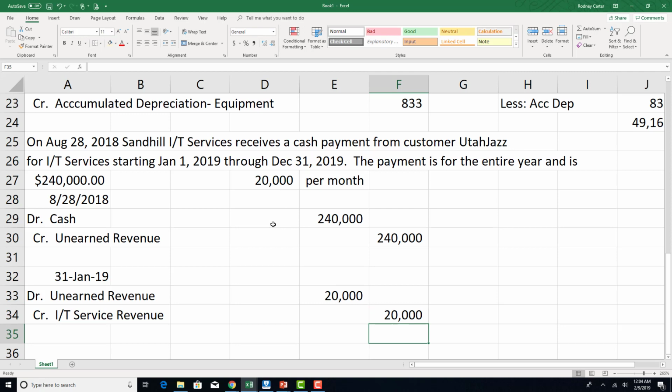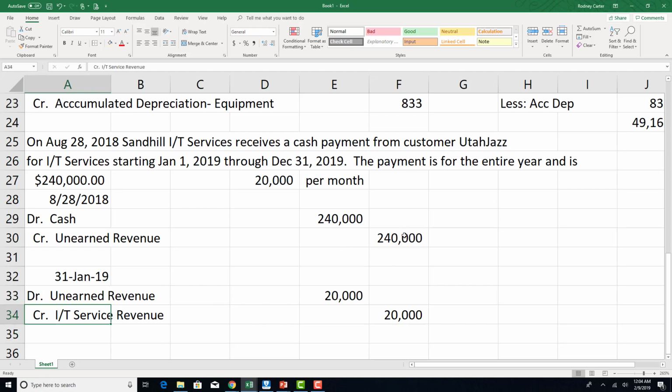By now, you should be comfortable with what increases and what decreases an account. Assets and expenses are increased by a debit. Liabilities, owner's equity, and revenue are increased by a credit. And then we can default into what decreases them from there.